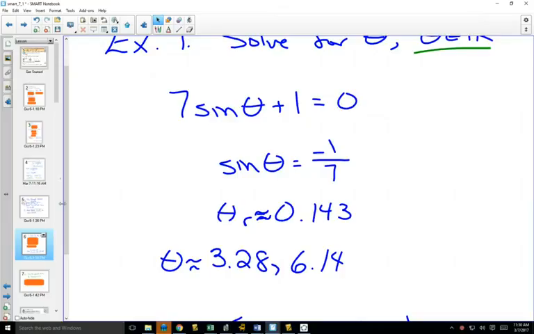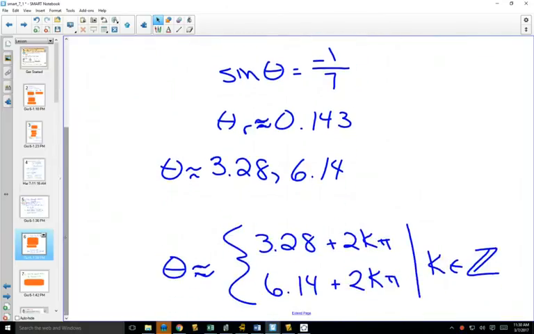The only difference now with the general solution is once you've done that, then you go and write it like this. So theta is approximately equal to, and I have an approximation sign there because I rounded, these are the two answers that we found, and then to each of those we go plus 2k pi.